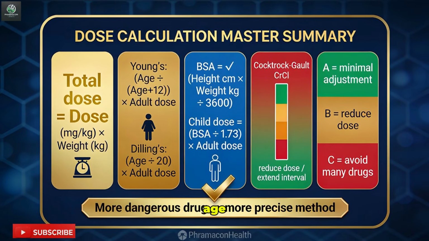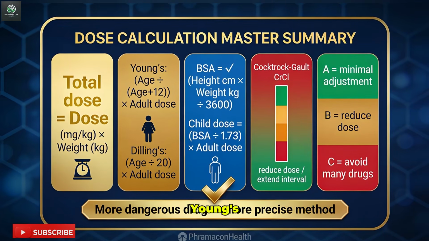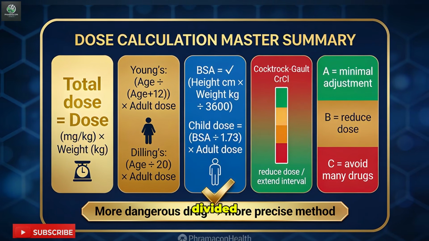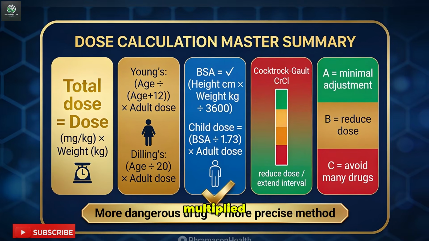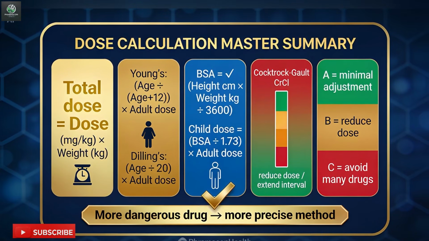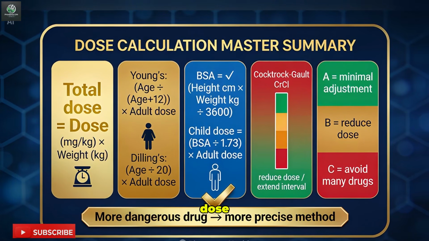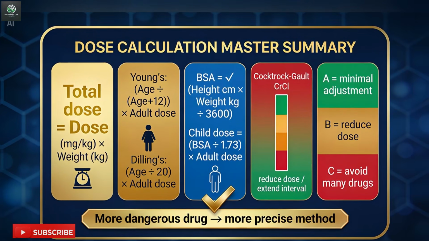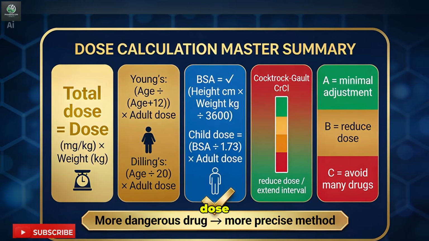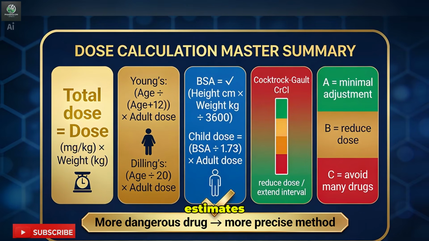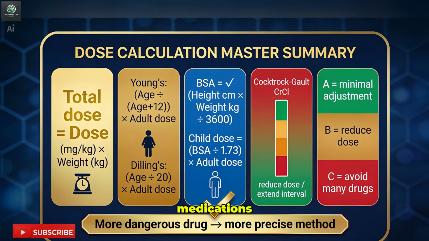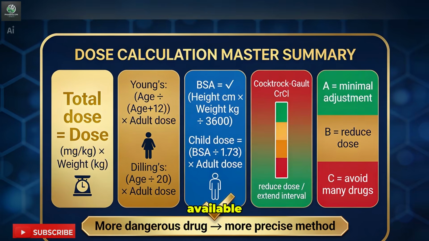Method 2. Age-based dosing. Young's rule gives child dose as age divided by age plus 12, multiplied by adult dose. Dilling's rule gives child dose as age divided by 20, multiplied by adult dose. Use these only as quick estimates for low-risk medications when weight is not available.